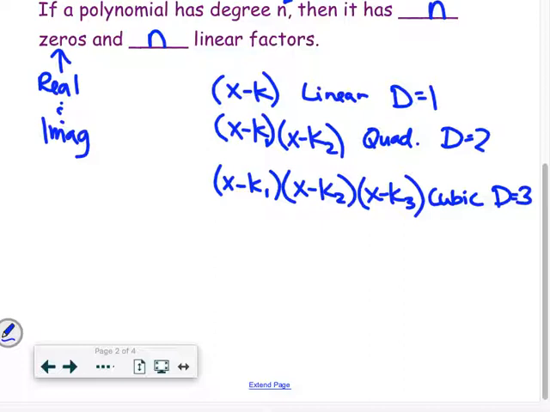So whatever the degree of your polynomial is, if I ask you to write a linear factorization, you should have that many factors listed. If you notice that you have a cubic polynomial, and in your linear factorization you only have 2 factors, you've got to go find that other factor for me. Okay? And they all need to be linear, x to the first, no quadratic factors.